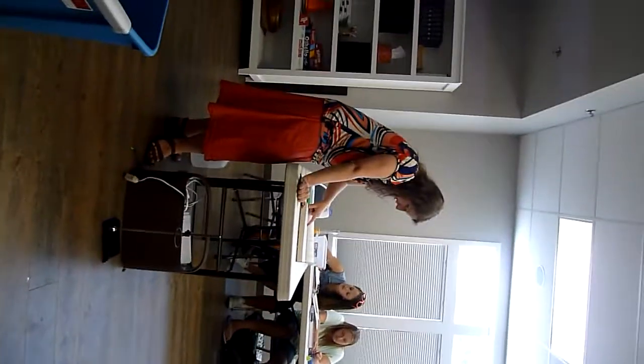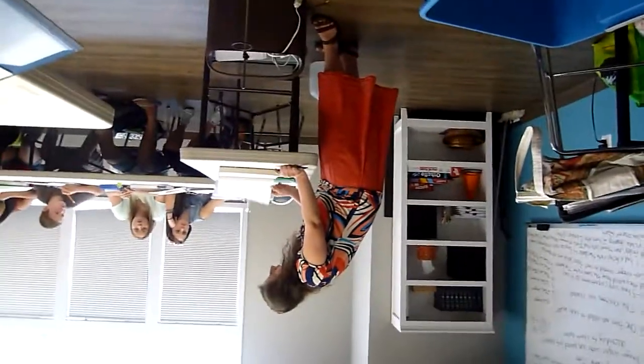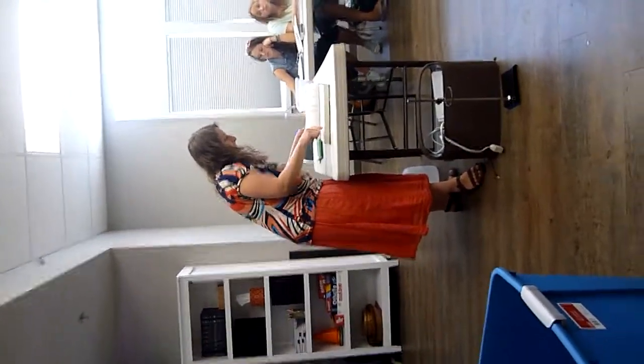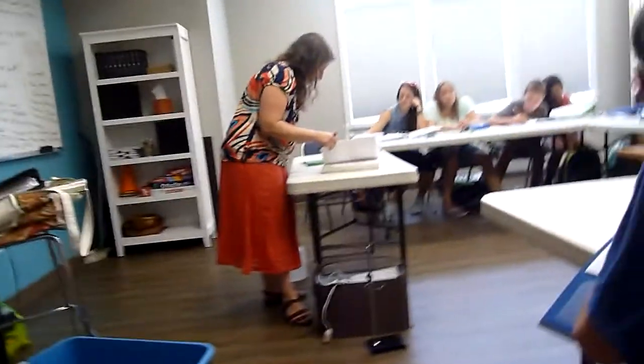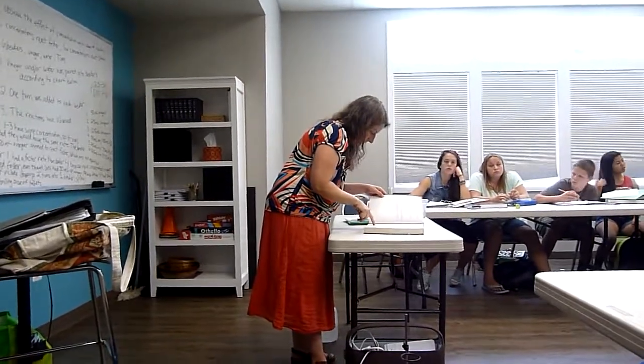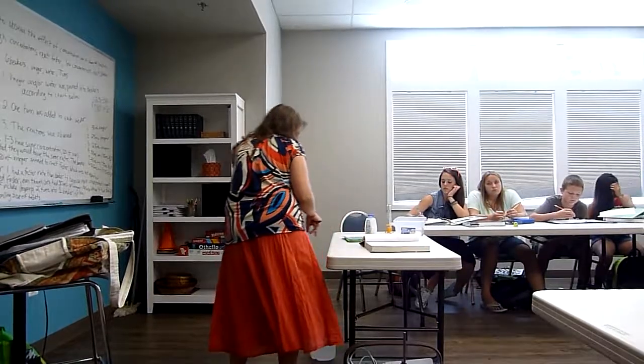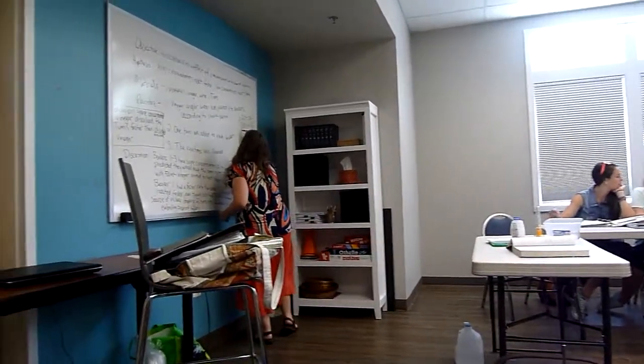Let's see. So if we look at the study guide, we would probably find carbon dioxide, greenhouse gases, exhaling stuff. So you're going to do study guide 1 to 12, it looks like to me. Study guide 1 through 12.